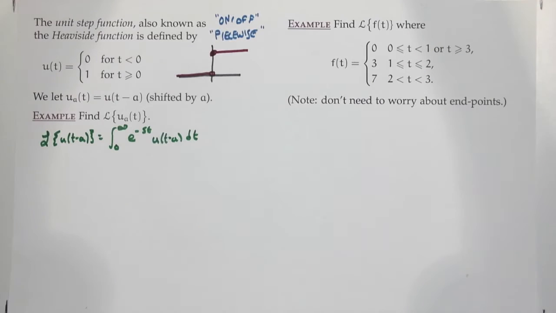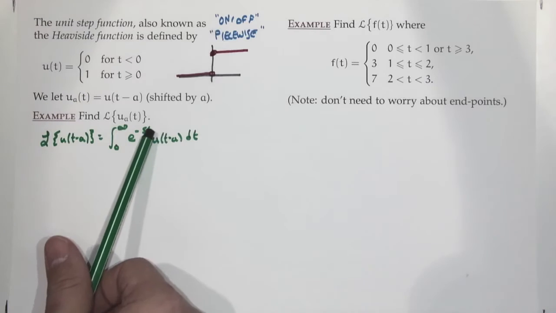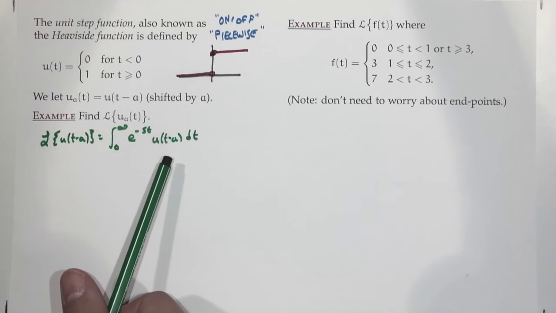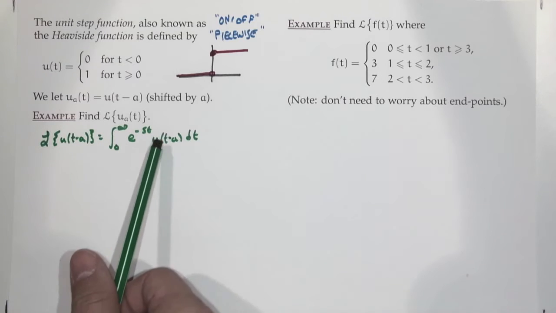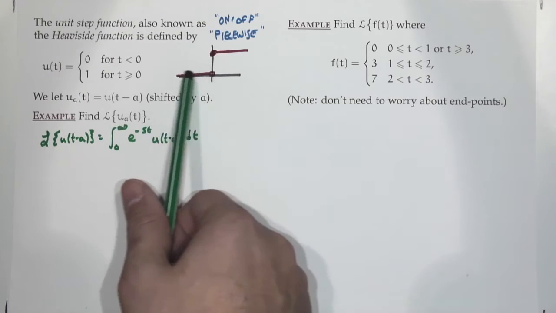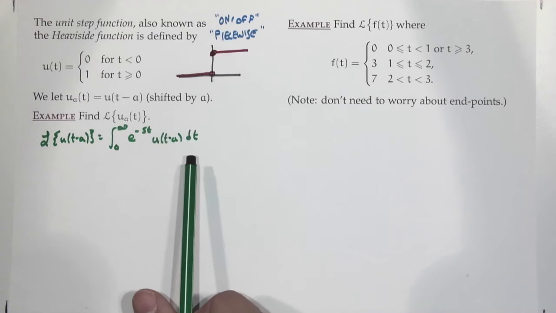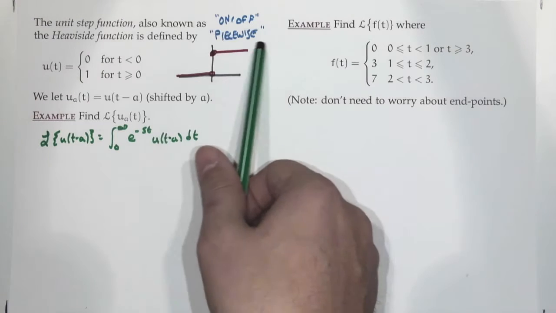But let's think about what's happening. So this is an on-off switch. So what's happening before a? We have 0, right? Before a, we're in the off position. What's happening after a? We're in the on position.